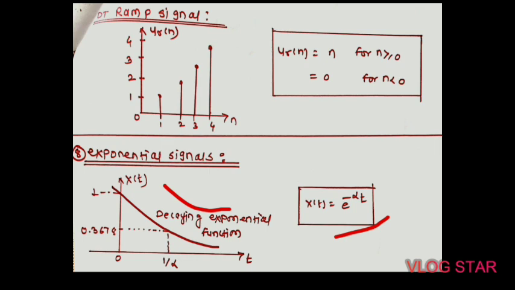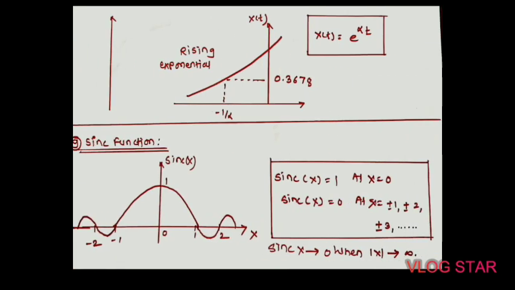Note that here we have assumed the value of c is always 1 for both equations, for the decaying exponential signal and for the rising exponential signal. Next is the rising exponential signal, represented as x of t equal to e raised to alpha t, and the signal is rising gradually from the starting value.